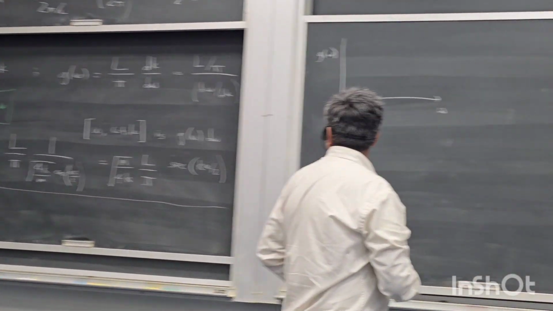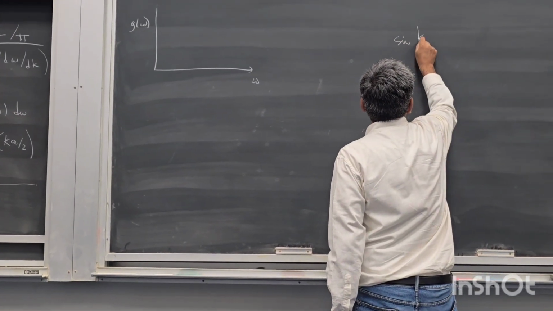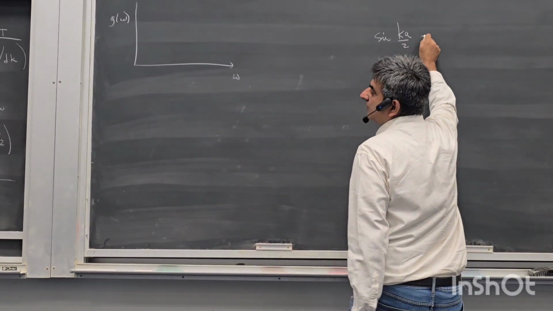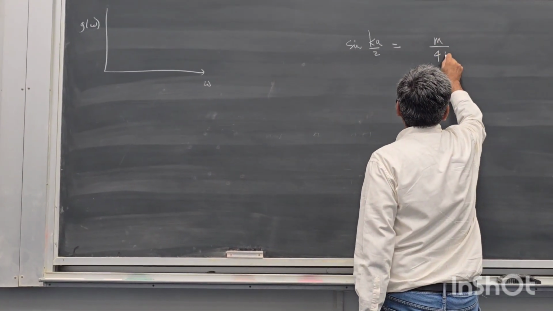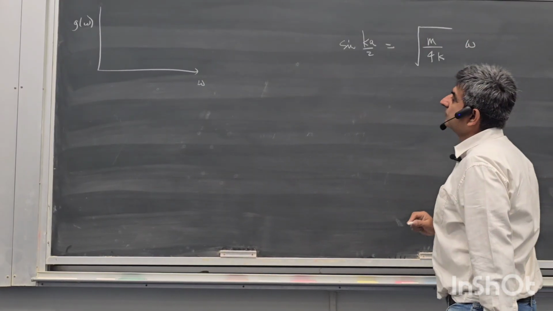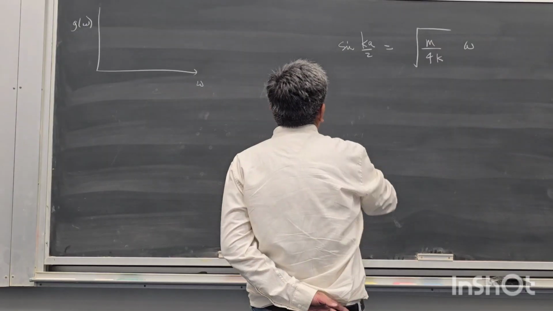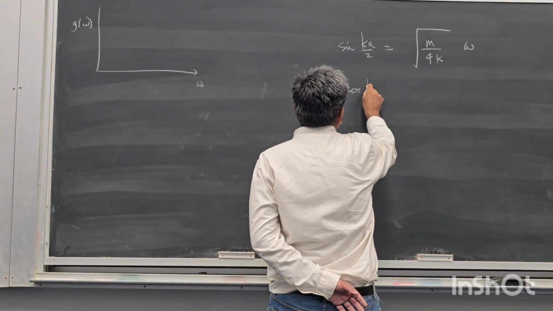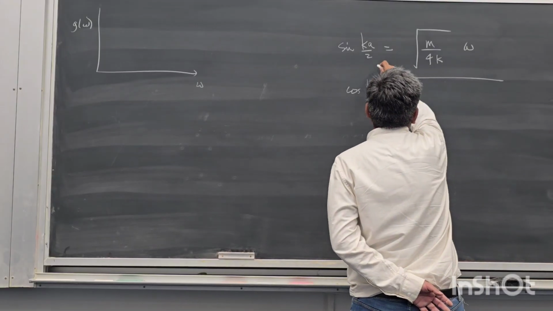So my sine ka over 2, I know, is square root of m over 4k times omega. Okay, so I just take that to the other side. My cosine ka over 2 is the square root of 1 minus sine square of this.